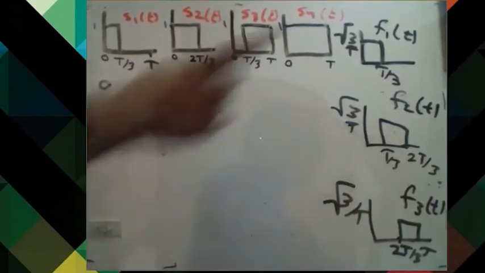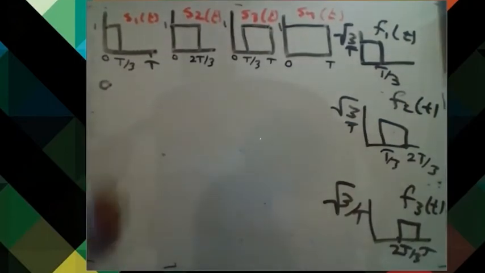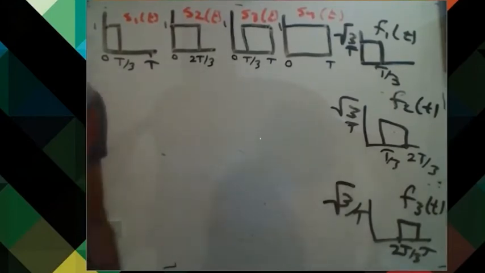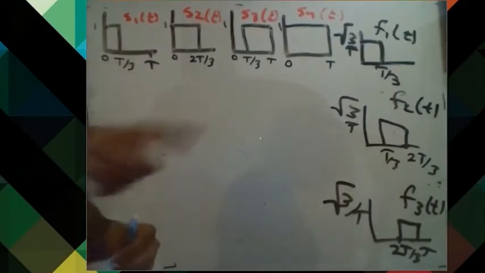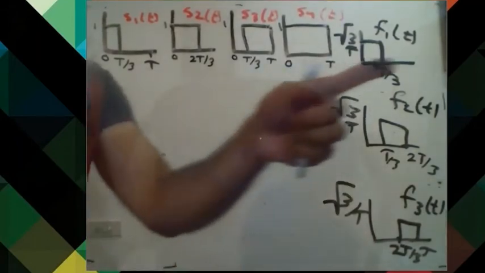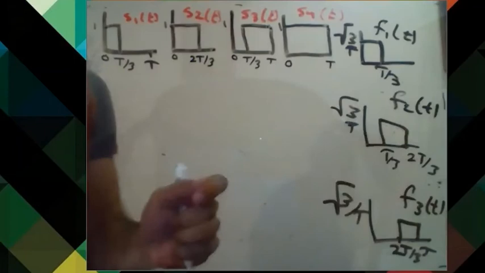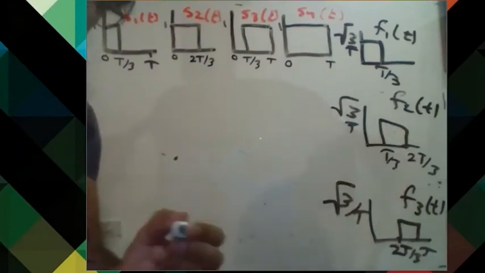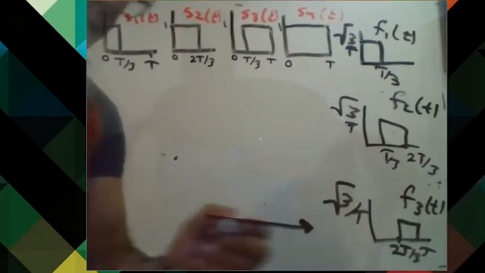Now you have three orthogonal signals using the process that I just used from the lectures that we studied. So now what? Now I can define a signal space using these three signals. Since I have three orthogonal signals, this means I need to define a 3D space.